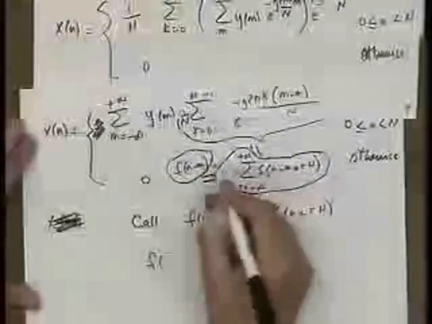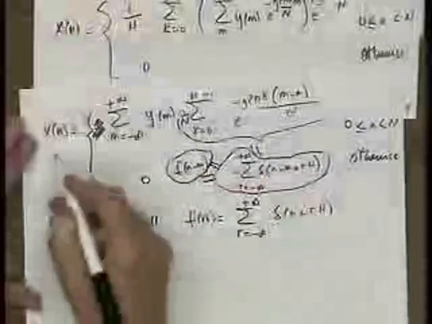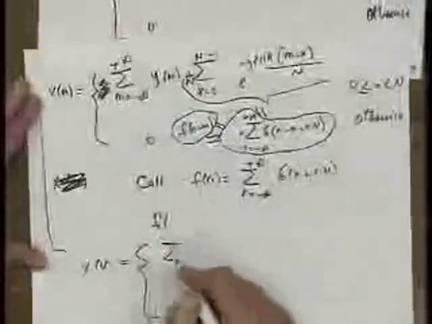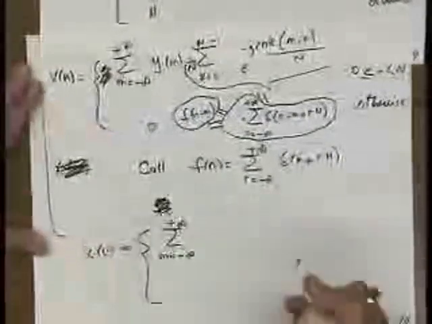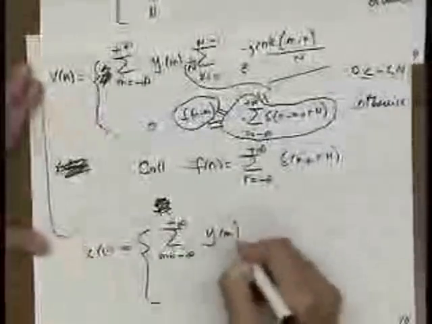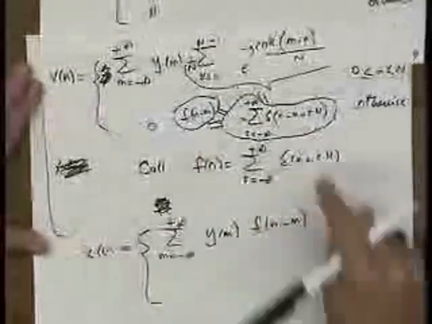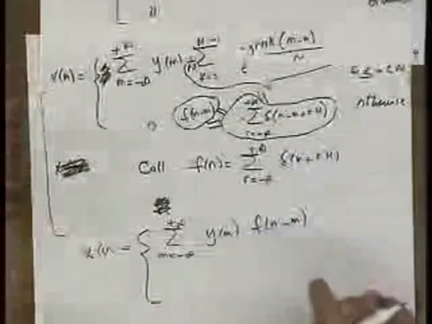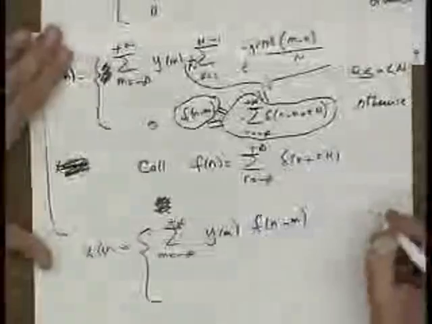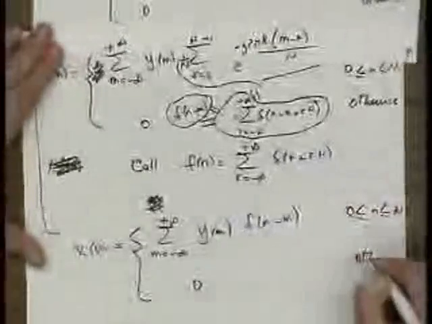So these two things are equal to each other. So having done all of that, then what do I get? x of n is equal to the summation from m minus infinity to plus infinity of y of m and f of n minus m, where f is this function. Again, for n smaller than n 0, or 0 otherwise.